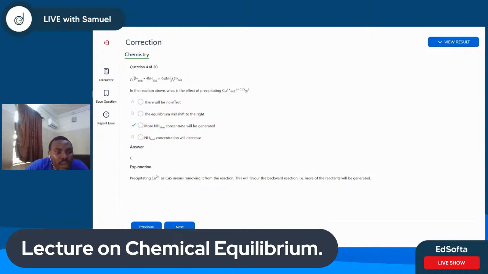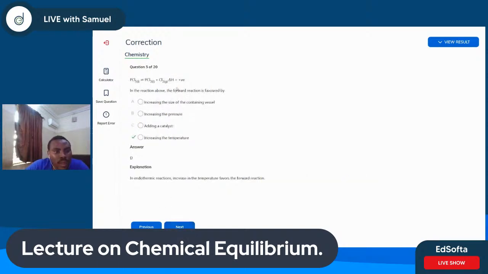If you are removing it from the reaction, it means that this side of the equation is less favored. That means equilibrium will have to shift to the left to favor the backward reaction. And if equilibrium favors the backward reaction, that means more NH3 will be generated. Equilibrium will shift towards that side.